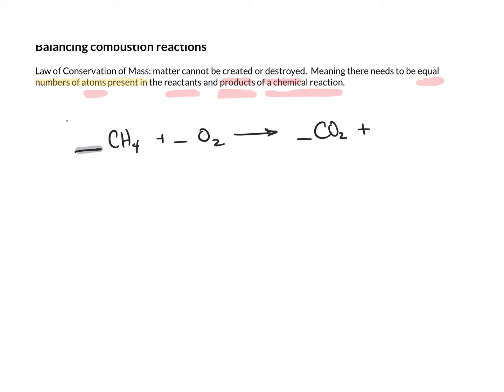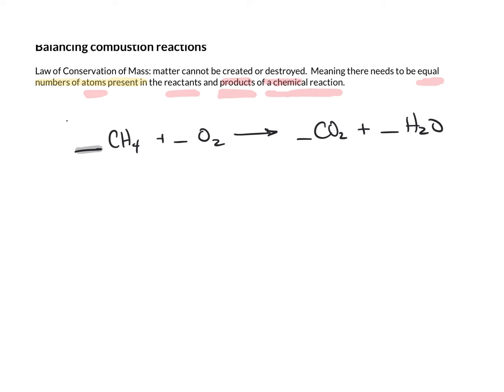So this is our combustion equation, and just a reminder to you that in these combustion equations, we do have a hydrocarbon, real simple hydrocarbon, CH4, burning with oxygen to produce carbon dioxide and water. These three pieces right here are going to be pretty much the same for most of these reactions that we see. The only thing that's going to change is the hydrocarbon, which is this guy right here.